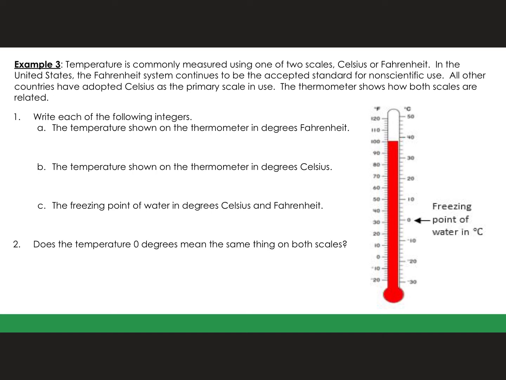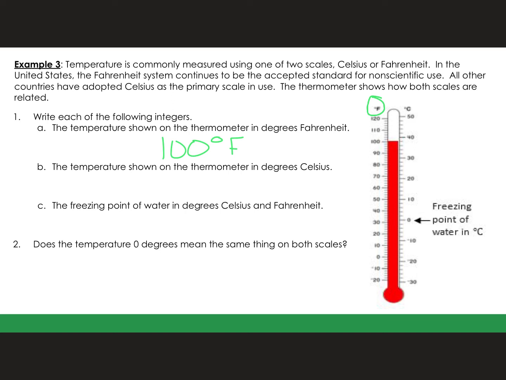So if we look over here at the thermometer, and we're going to answer these questions with the thermometer, the temperature is shown on the thermometer in degrees Fahrenheit. So I need to look at where it is in degrees Fahrenheit. Fahrenheit's over here, and it looks to be about 100 degrees Fahrenheit, and that is positive.